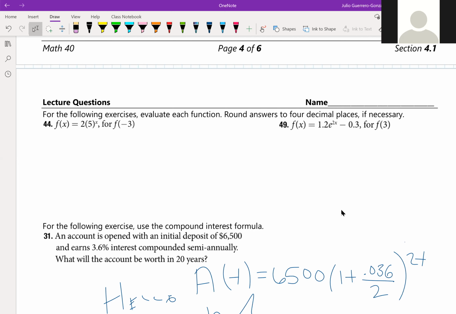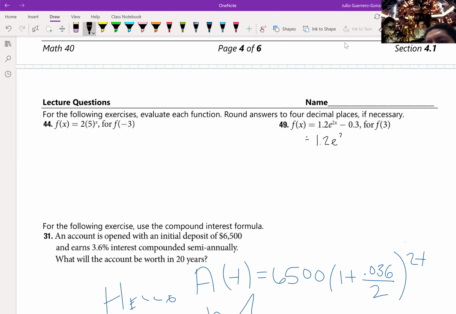So your plugging in was right, but something went wrong when you finally plugged it in. So you should have something like, just like you said, 1.2 e to the 2 times 3 minus 0.3.